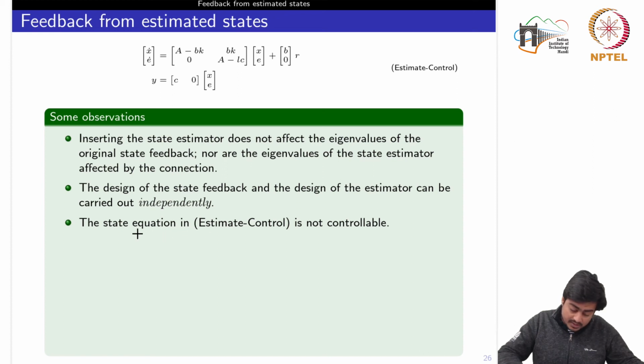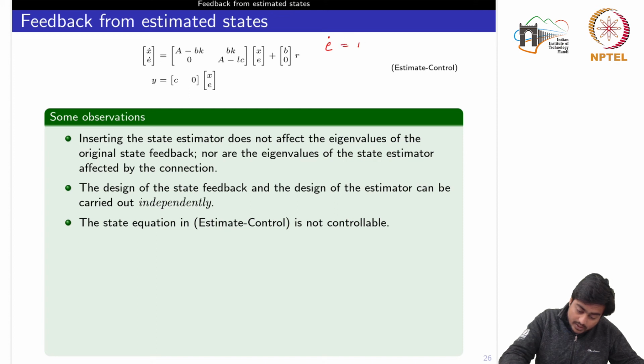Third, which is most interesting, if you see the state equation of this overall closed loop dynamics, it is not controllable, right? So pay attention to this state equation. Once we have used the transformation, we have actually ended up with the decomposed form, where if we write the dynamics of the second state, which is E, this becomes E dot is equal to A minus LC times E, because we have this 0 here.